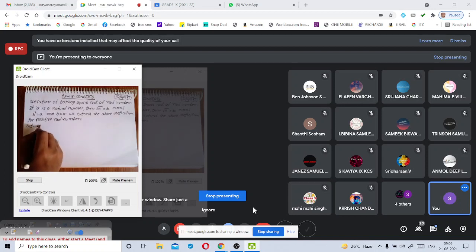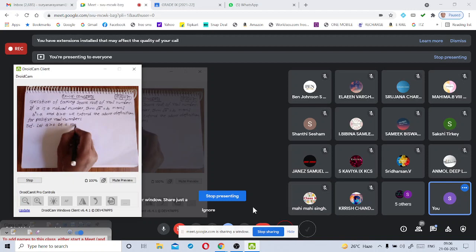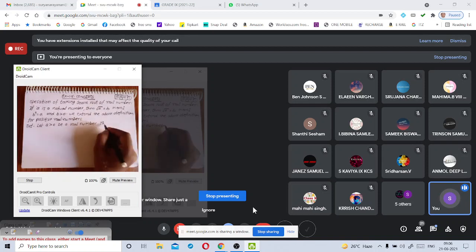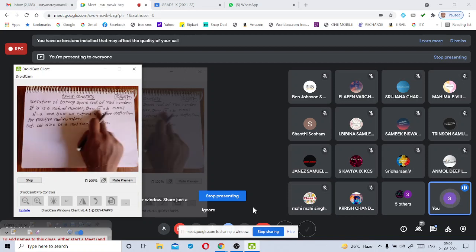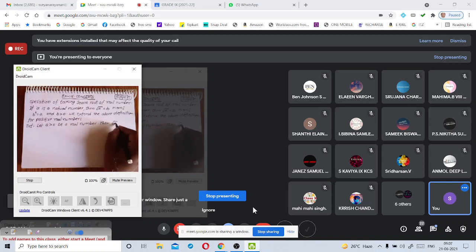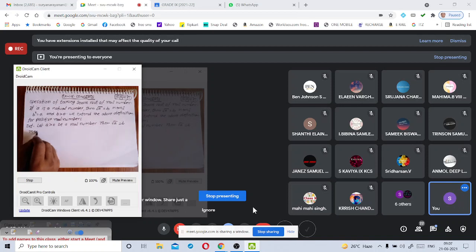Let a greater than 0, which means a is a positive real number. Then root a, whatever we wrote here, the same definition is used here also. Then root a is equal to b means we use the same definition for real numbers also.